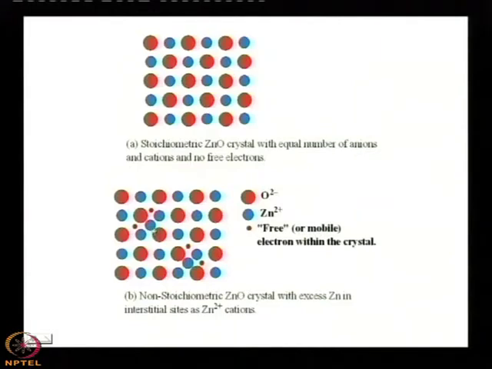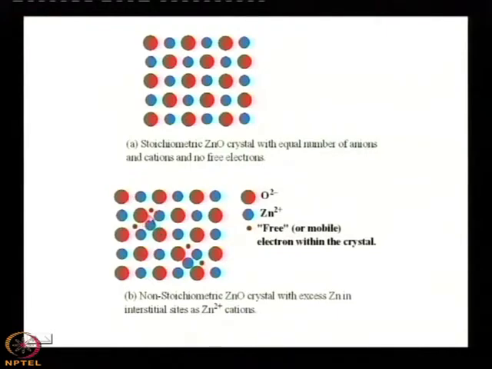This blue ball is a zinc cation in the interstitial position, and it has donated 2 free electrons in the crystal because zinc is +2. That means it has 2 excess electrons when it becomes a cation. On ionization, zinc gives 2 electrons and a zinc ion is there.